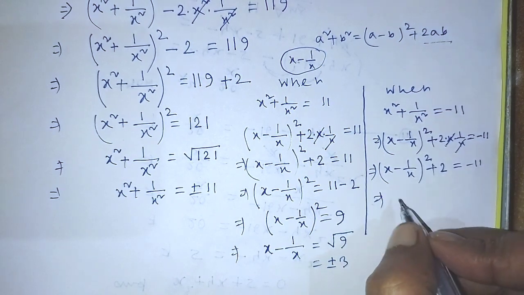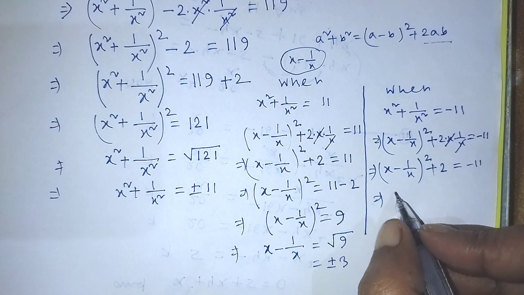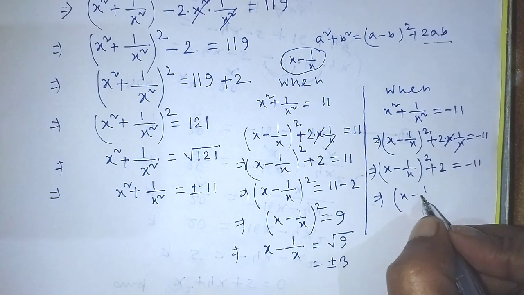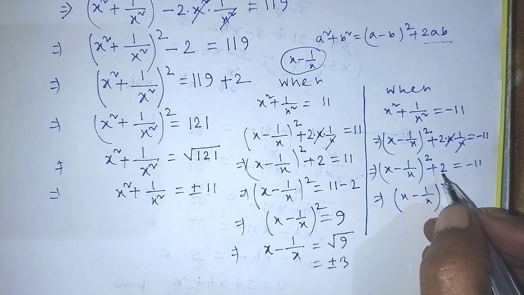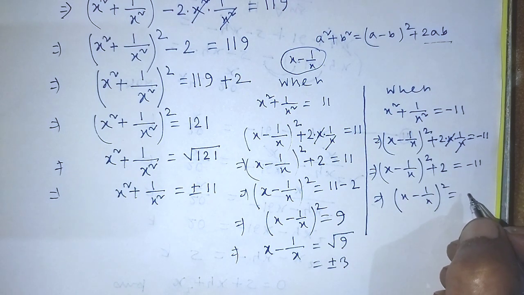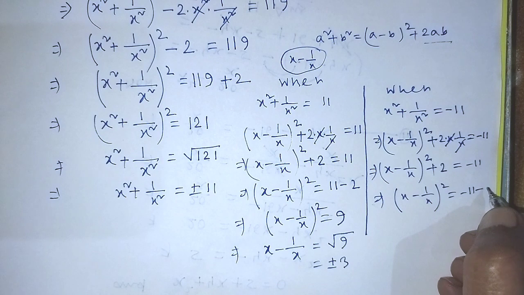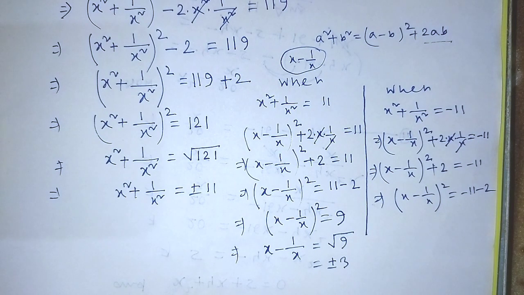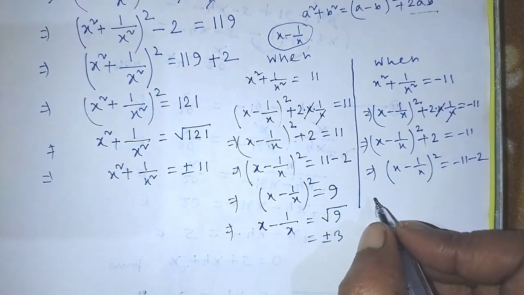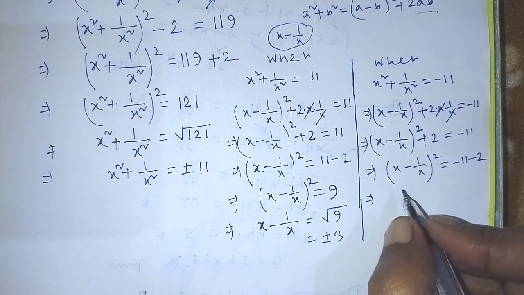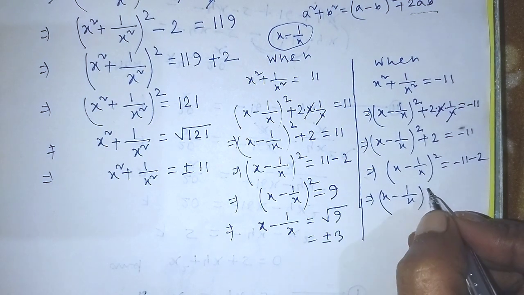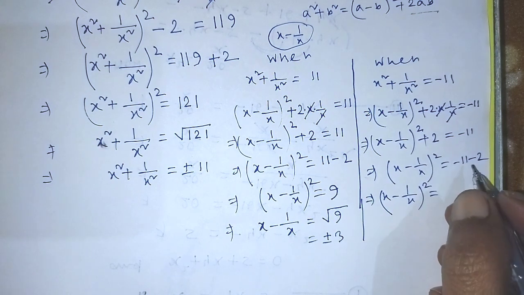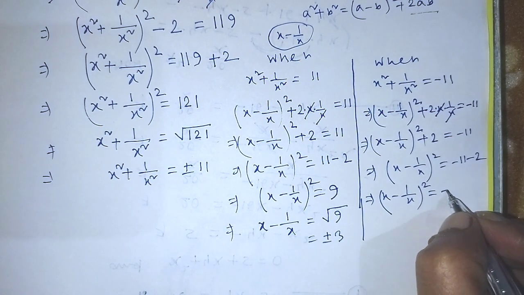Okay. So again we have to write x minus 1 over x whole to the power 2, and we have to transpose plus 2 from left hand side to right hand side. So on the right hand side we have to write minus 11 minus 2. So now we can write from this algebraic equation x minus 1 over x whole to the power 2 is equal to minus 11 minus 2, that is minus 13.